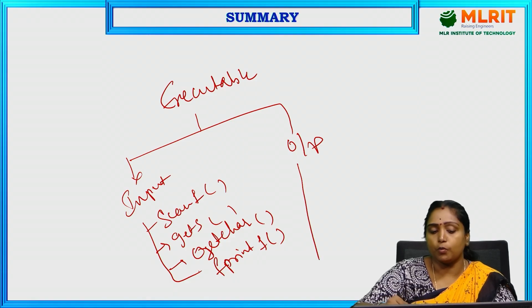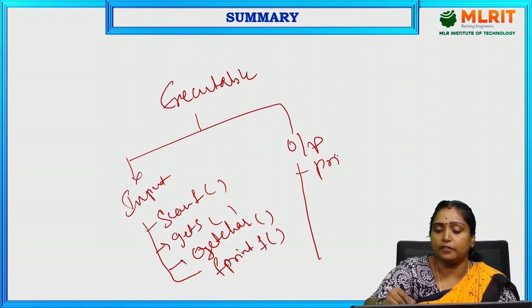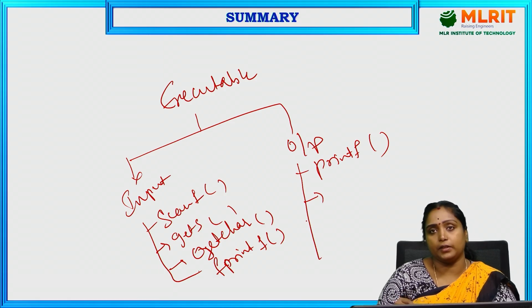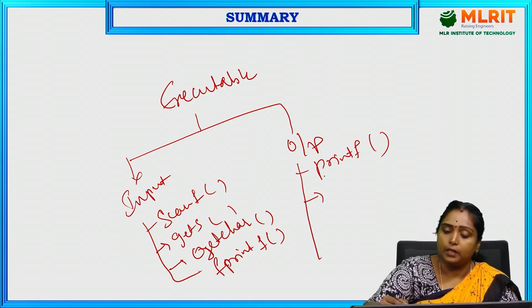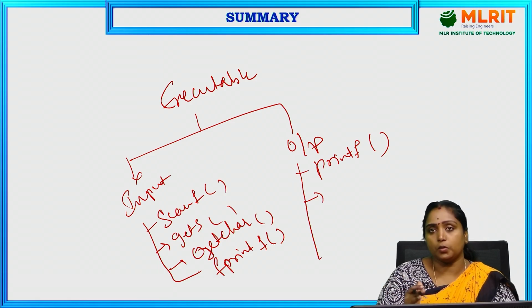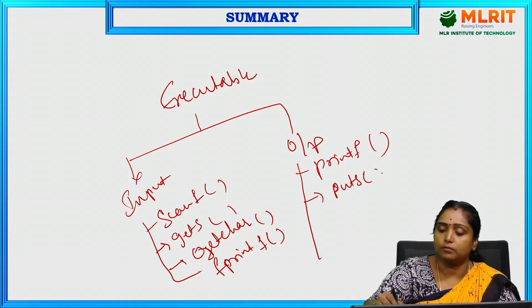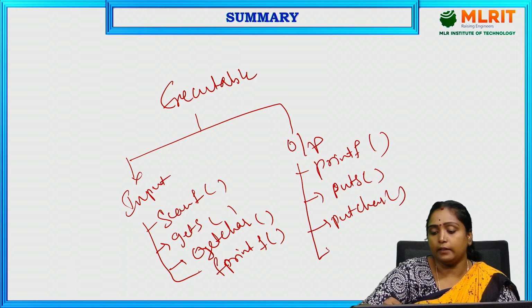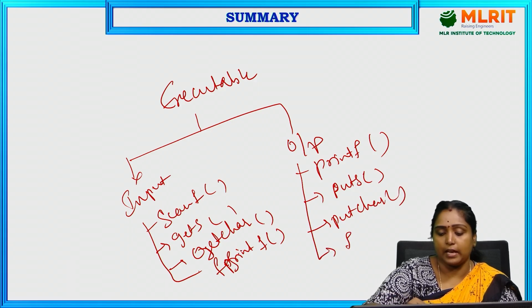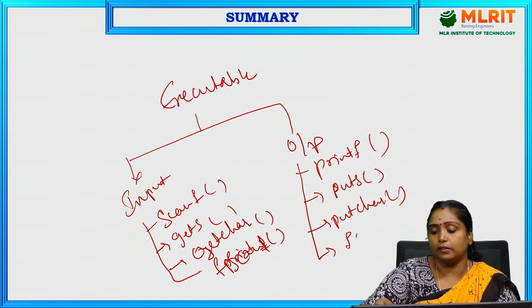And coming to the output functions, similarly the printf function. In printf we have also seen the escape characters and everything. And next, the puts function, putchar function, and this is fscanf, this is fprintf function.